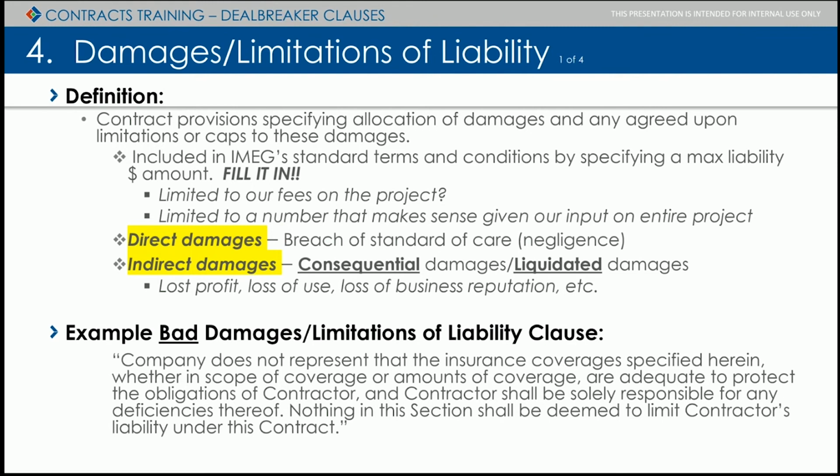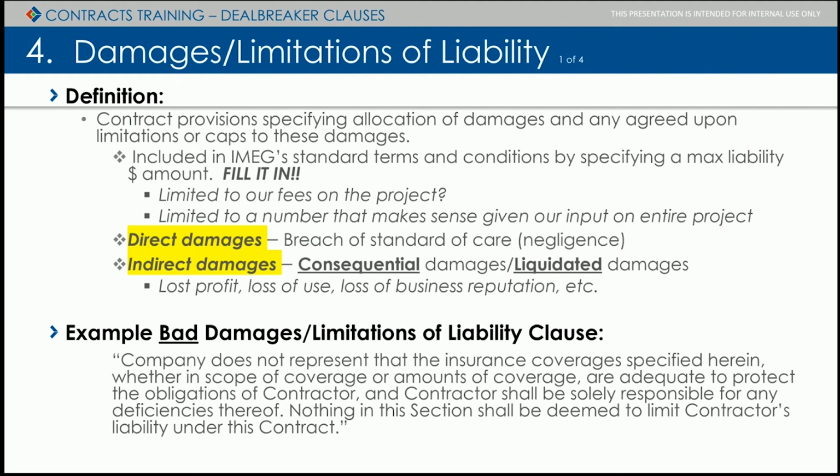The cost of removal and the cost of putting that back in, those are direct damages that have resulted and is connected directly with our work, our negligence, where we breach the standard of care. So they're directly connected, therefore they're called direct damages.